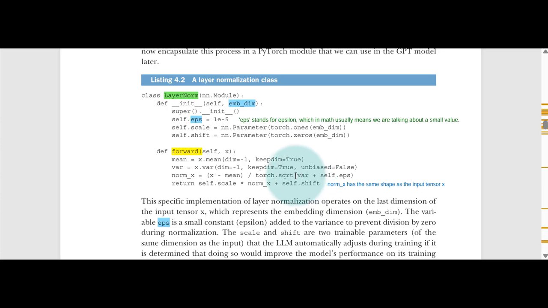Seems unlikely, but it could be very close to 0, and if you take the square root, who knows? With rounding, it could be 0. So he doesn't want to run into an error because he was dividing by 0. So he just adds a tiny number in the calculation every time he uses this layer norm, and that's going to prevent him from dividing by 0. So that's what's happening here.